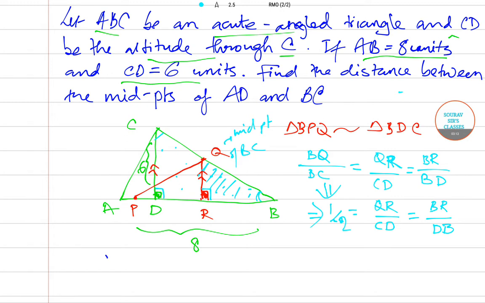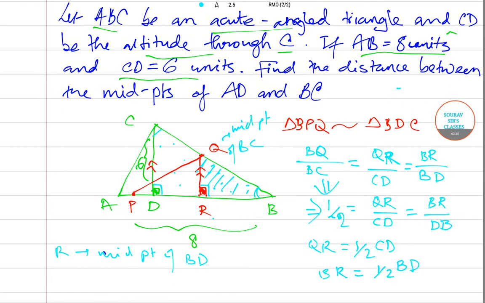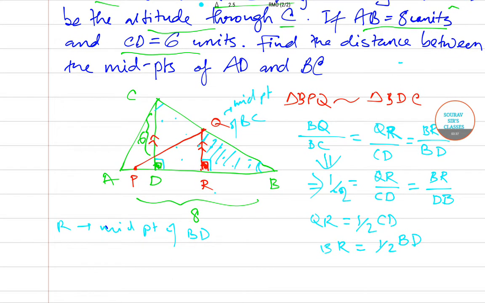So we have QR equals half of CD and BR equals half of BD. So R is the midpoint of BD, and QR is half in length of CD.